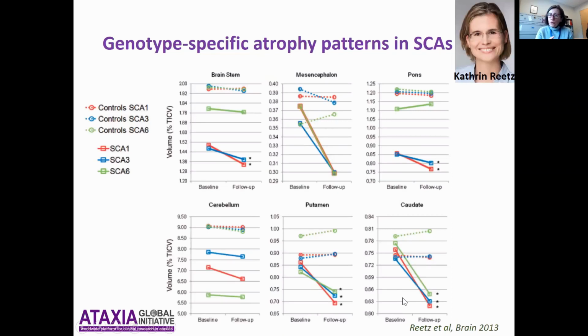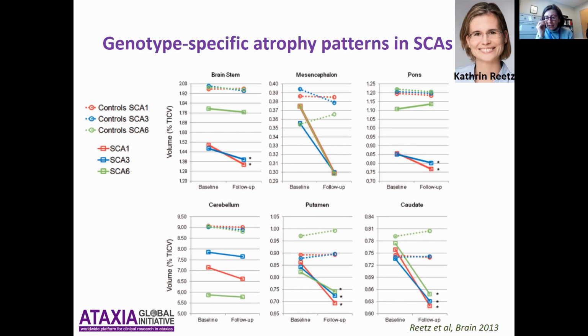So we already saw there are different patterns of involvement between different ataxias, the hereditary versus sporadic and recessively versus dominantly inherited. But even within SCAs, for example, you can see genotype-specific atrophy patterns.